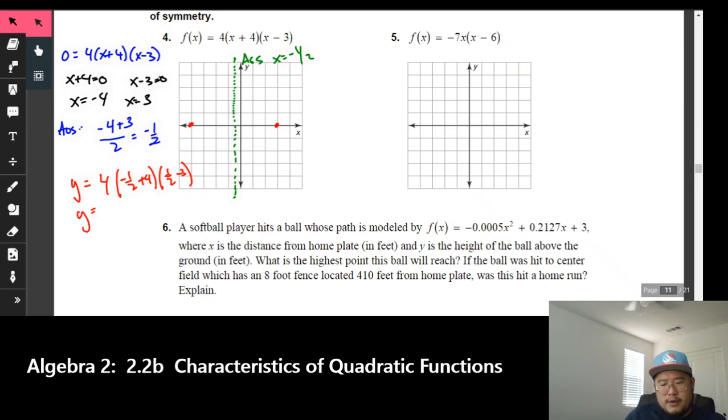and then solve it out. And what I end up with right here is y is equal to, looks like negative 49. And if we do intervals of 1, that'll be way off the grid, right? So we're going to have to do maybe intervals of 10 for this to work out.